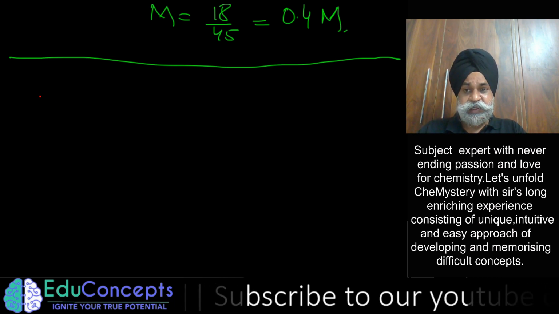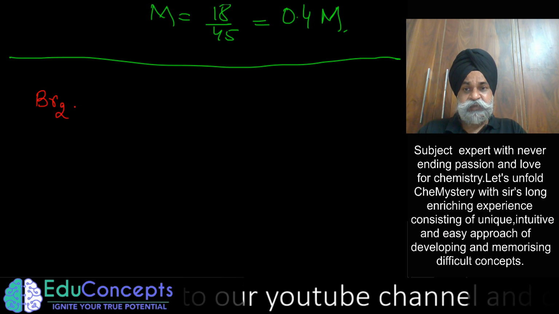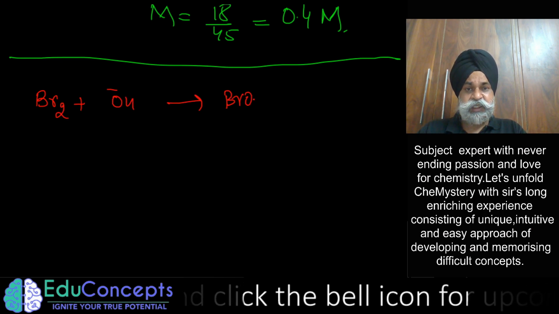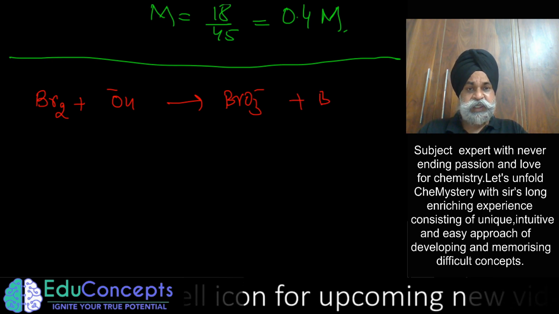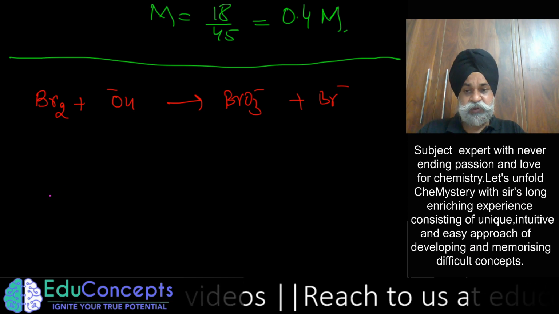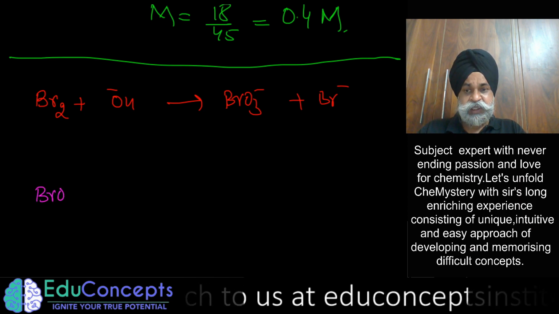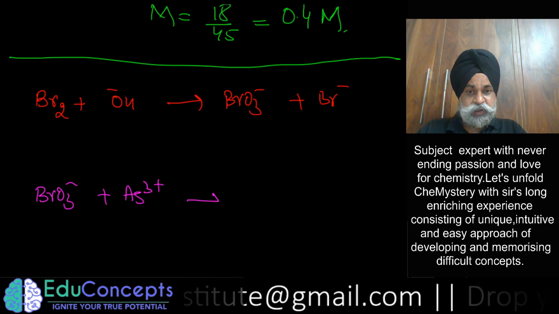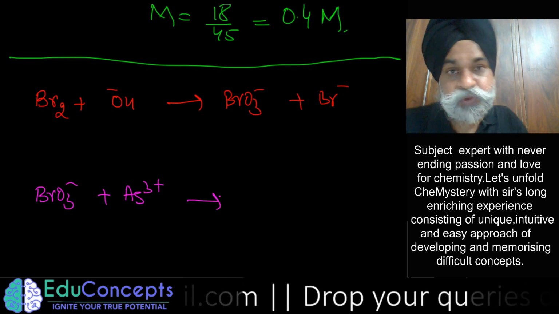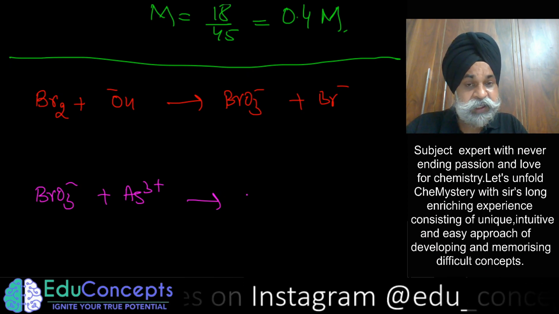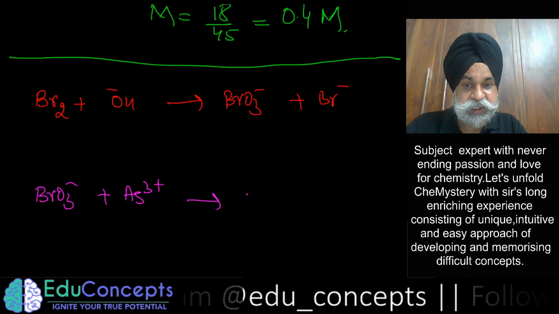Now in this case, bromine in the presence of OH negative gave me BrO3 negative plus Br negative. To do it with the equivalent concept, you need to understand one aspect. I suggest you see all the cases of n factor in another video in the playlist.